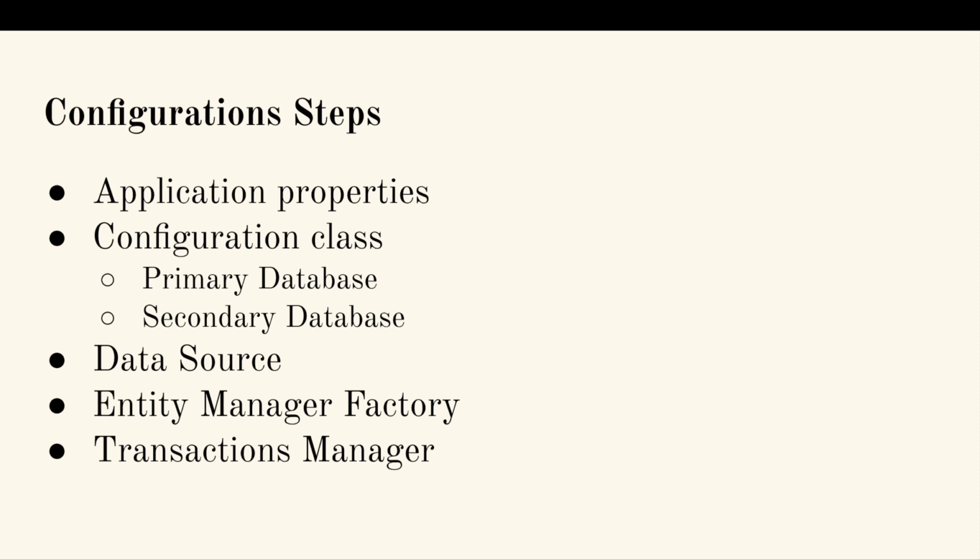So we'll have to write the configuration file for the primary database and the secondary database. And in the configuration file we need to write the code for DataSource, EntityManagerFactory, and TransactionManager. So these are the mainly important steps that we need to take in order to make the connection with multiple DBs in a Spring Boot project.